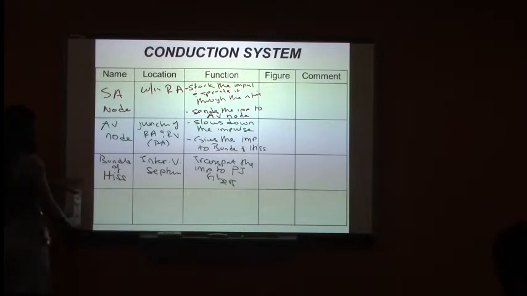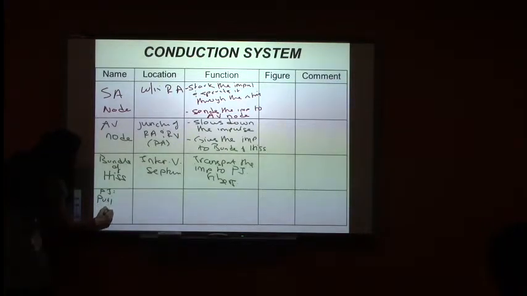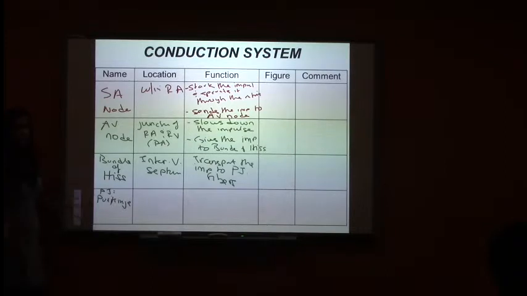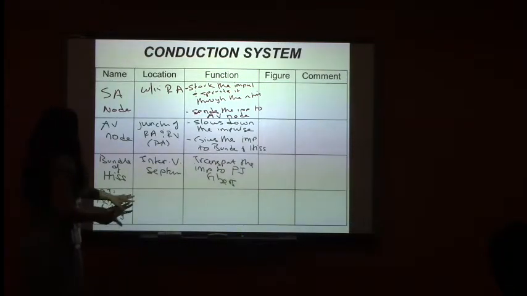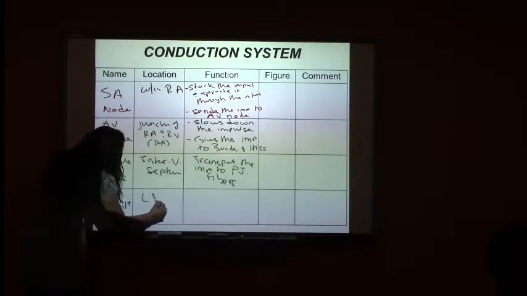Now, the last segment is the PJ fibers, which stands for Purkinje. Purkinje fibers. Okay? So the PJ fibers, Purkinje fibers. Purkinje fibers are located within the ventricles, left and right ventricle.